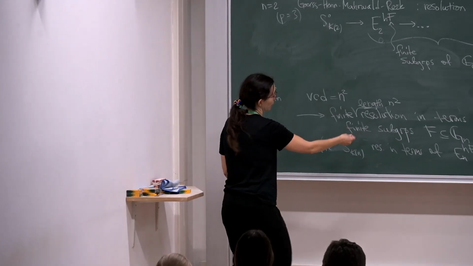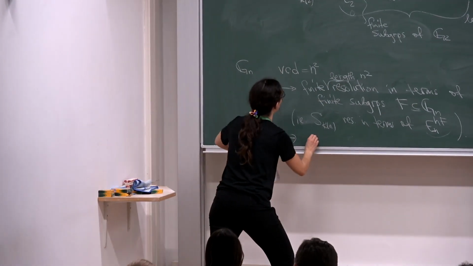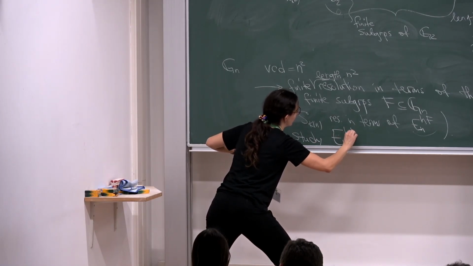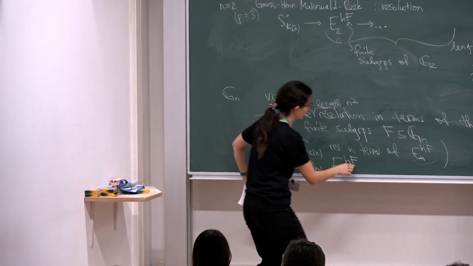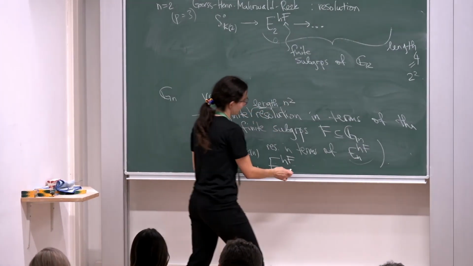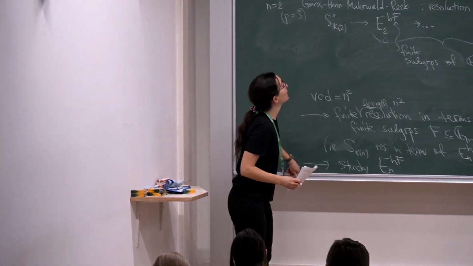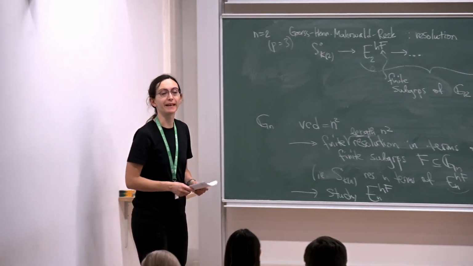And then you want to also understand E_n^{hF} for the various finite subgroups. But now we are dealing with a rather simple situation because we have a finite subgroup, and I'm going to tell you the finite subgroups are not all that complicated.